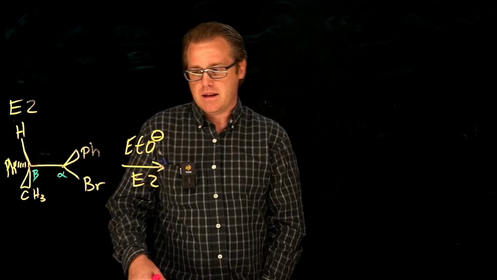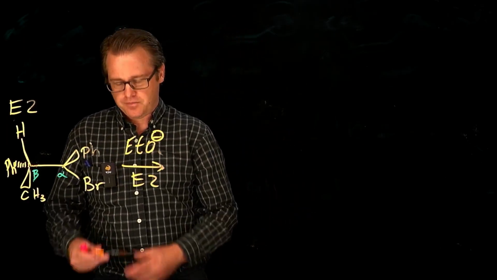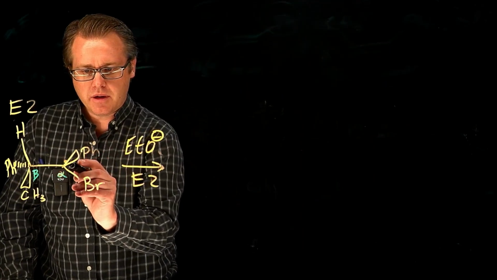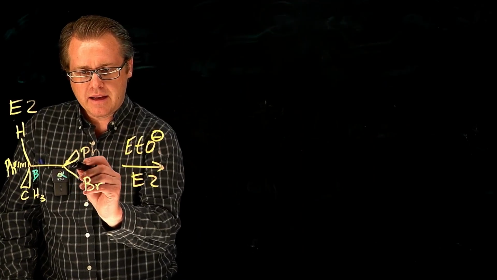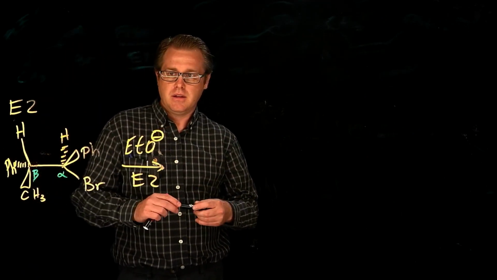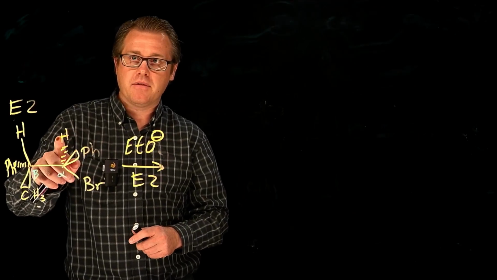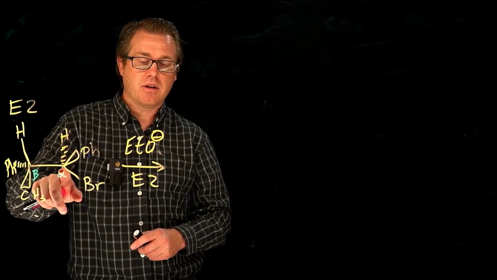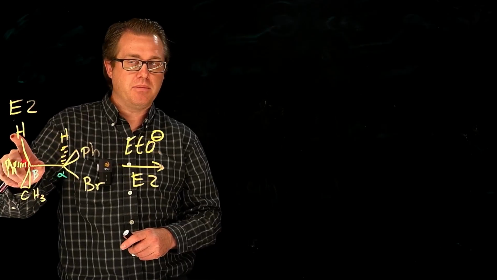Okay? That's what I want to show you here. So also realize that there is a dashed hydrogen coming off of there. Recall, we do not take off the hydrogen that's attached to the alpha carbon. It has to be the hydrogen on the beta.